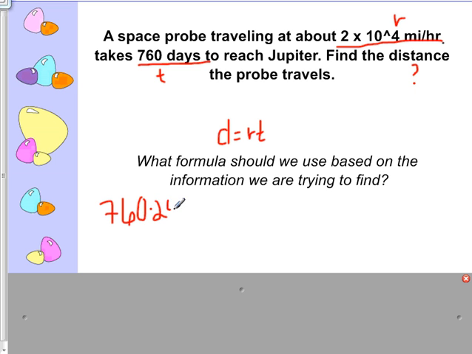And the reason we're multiplying it by 24 is because there's 24 hours in a day, and we want to go from days to how many hours. So 760 times 24 is, and I already did the math for you, 18,240.